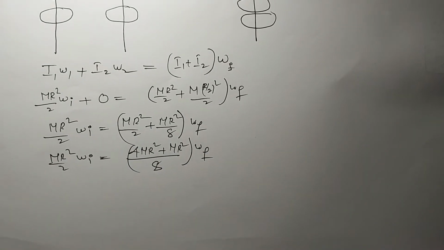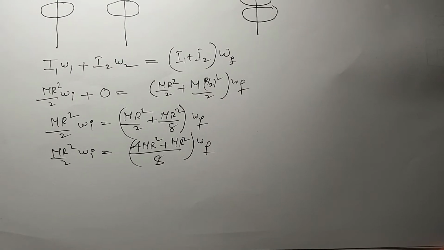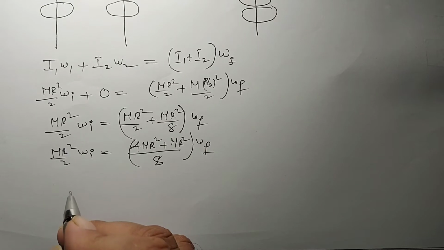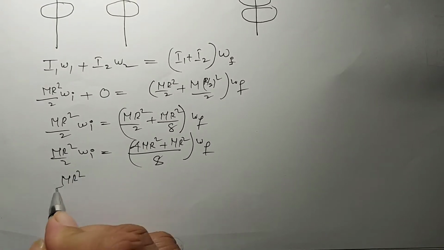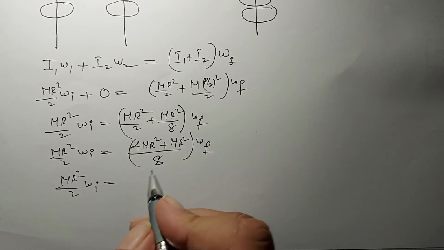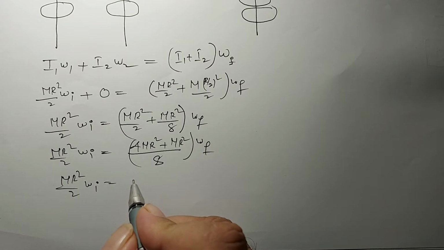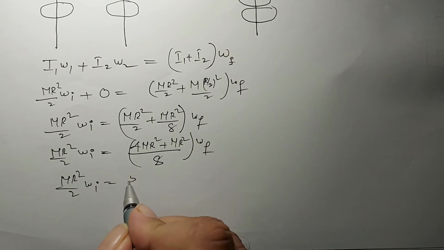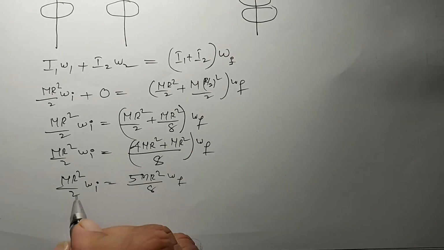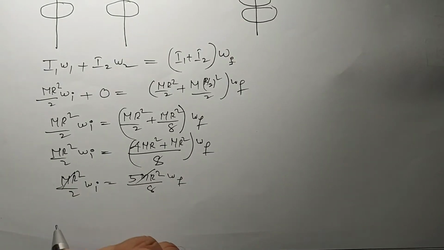So mr square by 2 into omega initial is equal to 4 mr square plus mr square, that is equal to how much? 5 mr square, 5 mr square by 8 into omega f. mr square gets cancelled here.